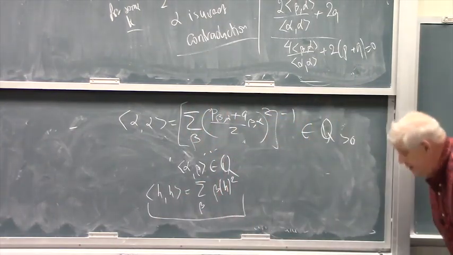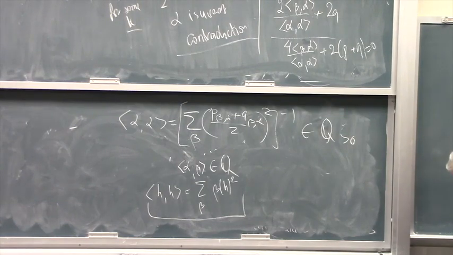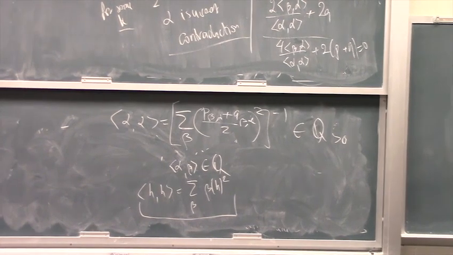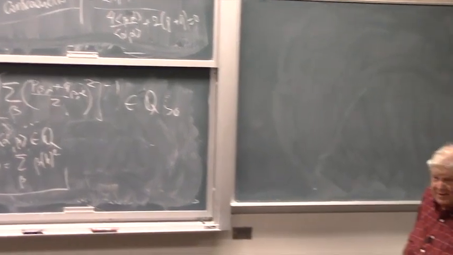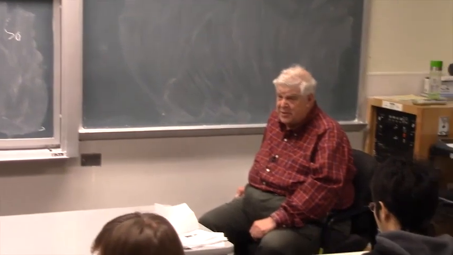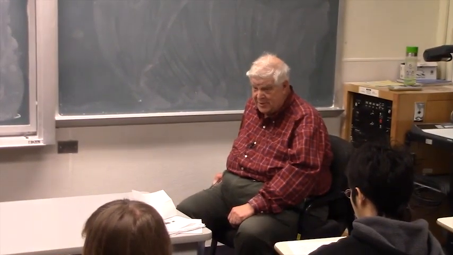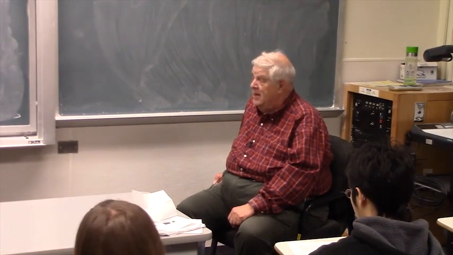And I want to say that if H is a root vector H alpha, or a rational linear combination of root vectors, then this beta of H is a rational number. And the sum of the squares of rational numbers, unlike the sum of the squares of complex numbers, is positive.